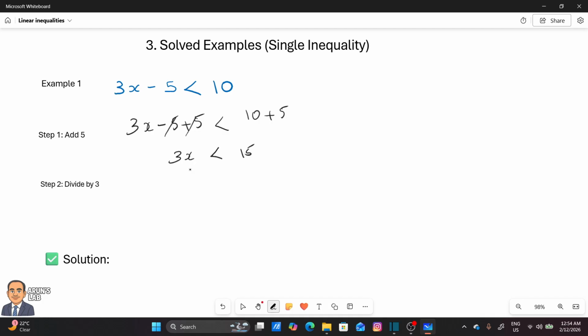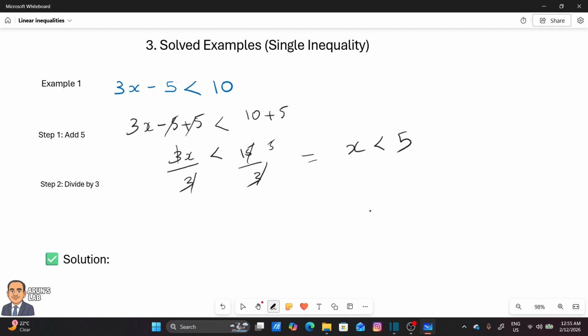The same thing, we need to remove the 3 also from the left hand side, so divide by 3 on both sides. 3 and 3 cancel, and 15 divided by 3 is 5. So x less than 5, all the values less than 5.